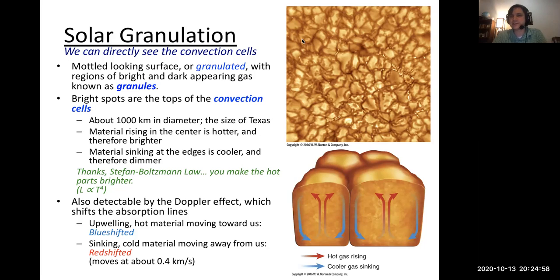So we can actually see that the spectral lines from this region are blue shifted, moving towards the Earth, to shorter wavelengths, and the ones at these edges are red shifted. So we can measure that Doppler shift, which gives us how fast the material is moving, which is about 0.4 kilometers per second, about 400 meters a second, which is pretty darn fast.